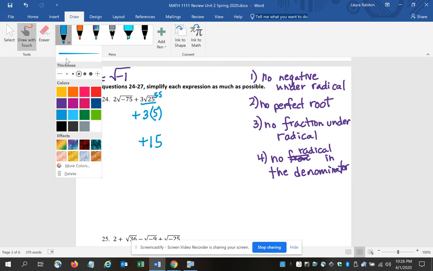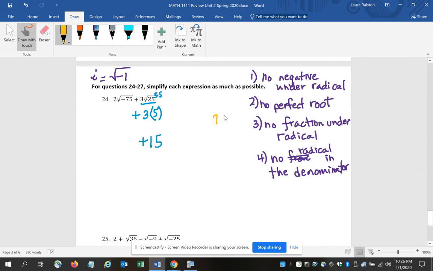So I've taken care of that part, and I still have the plus sign there. Now I need to think about this other part, and it may help us to come off to the side for a second. Let's think about 75. 75 is 3 times 25. And we just decided that 25, which is 5 times 5, is a perfect square. I also notice that I have the negative. So automatically, because it's negative, this is rewritten 2i on the square root of 75.